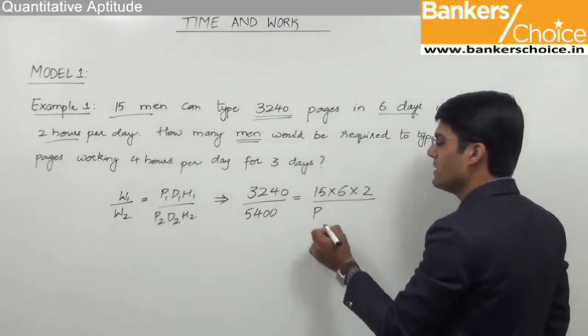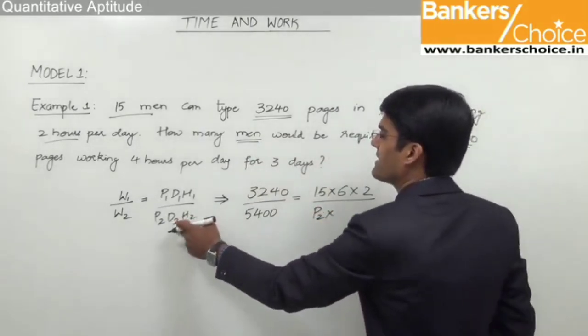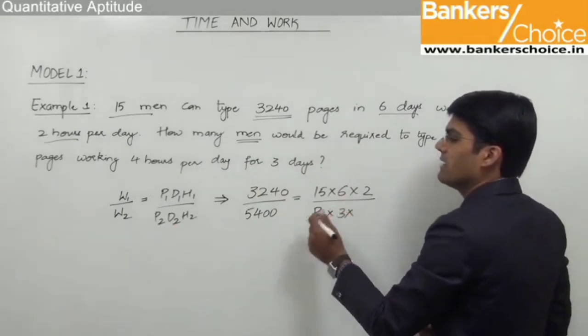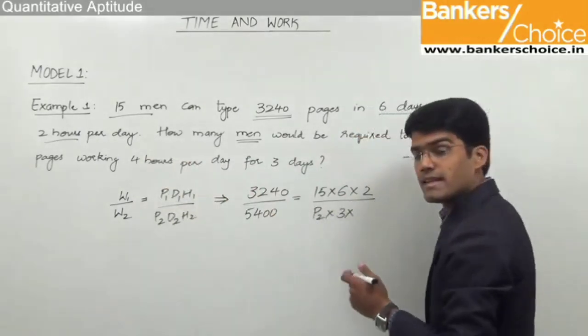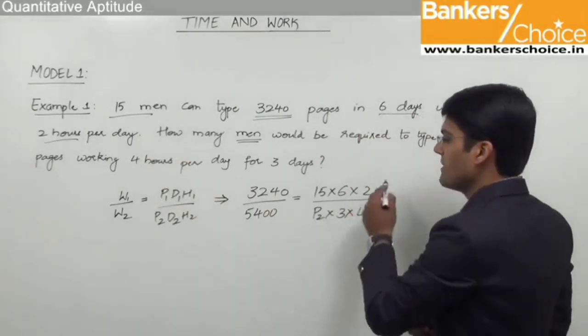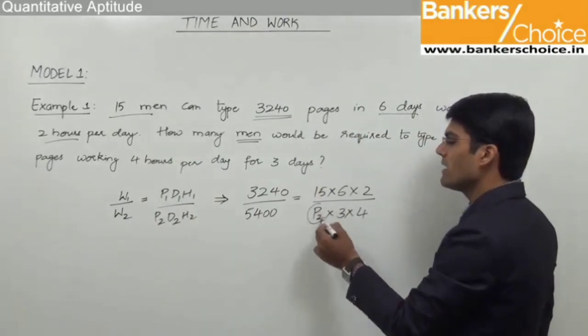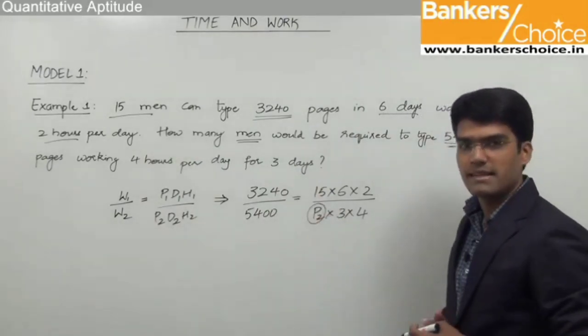So let us take it as P2 into the number of days in the second case, 3, and number of hours per day in the second case, 4. So by simplifying this equation, we can find out the number of persons required in the second case.